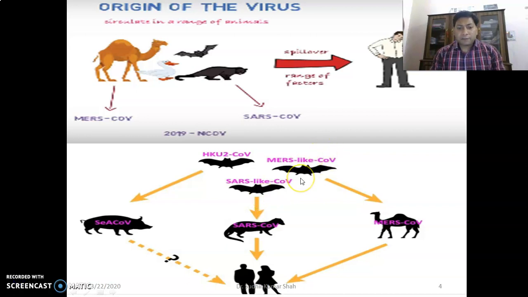This second figure shows the cross-species transmission of bat-origin coronaviruses, and the dashed line indicates the potential or unknown transmission from pigs to human coronavirus infections.